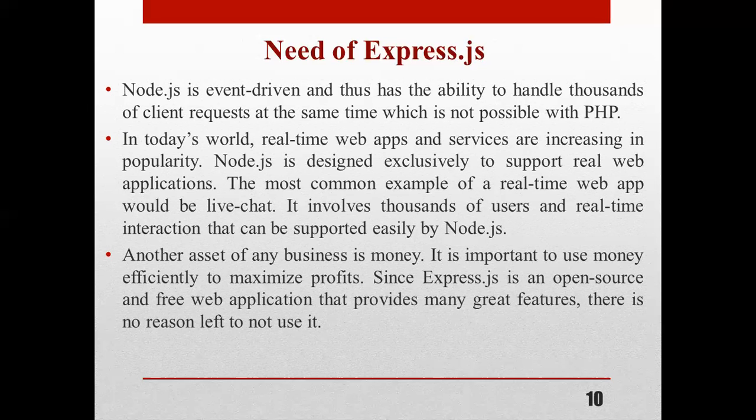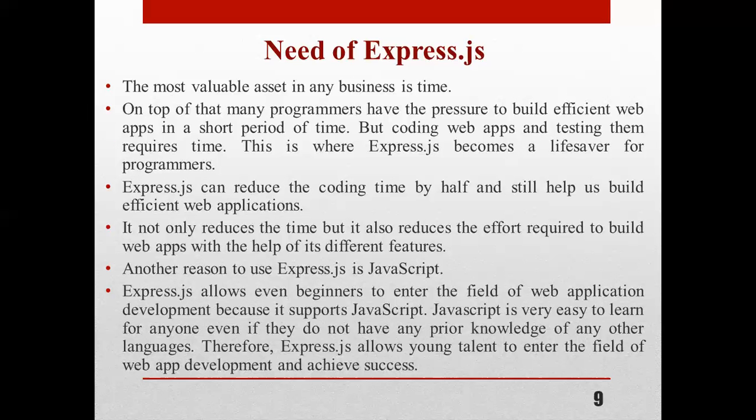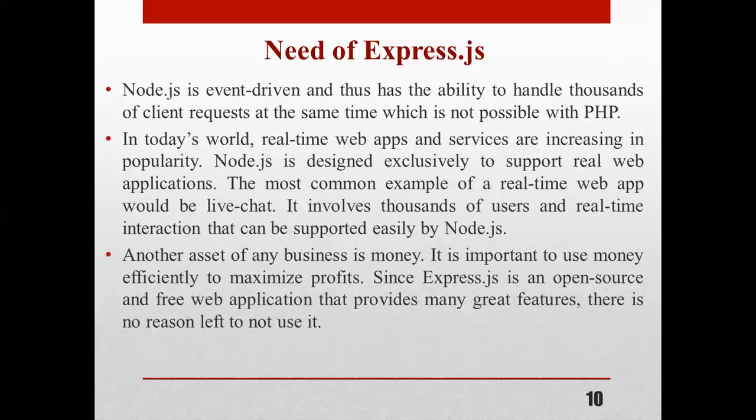Whenever we write code for something, we can easily import the modules or functions of Node.js in Express.js. That's why it requires less time for coding. Node.js is event driven, and thus it has the ability to handle thousands of client requests.